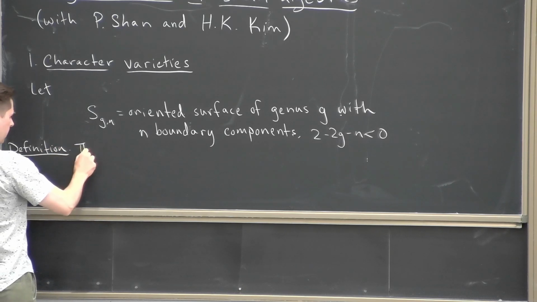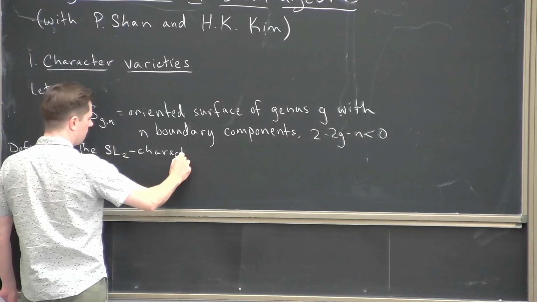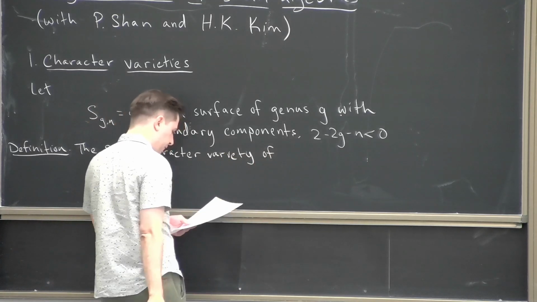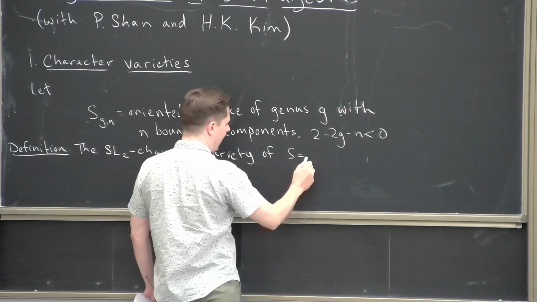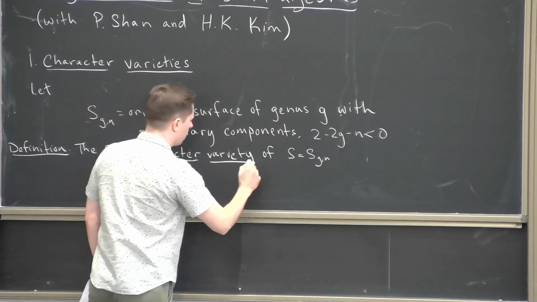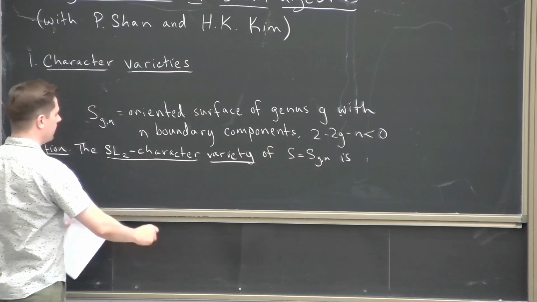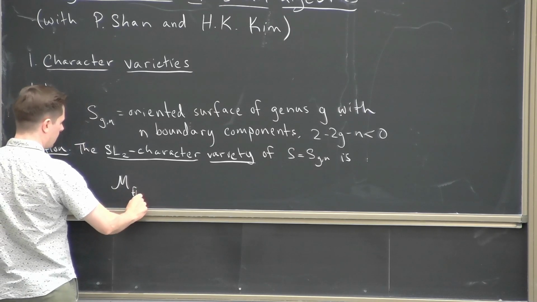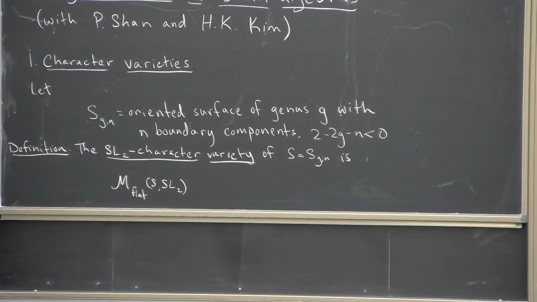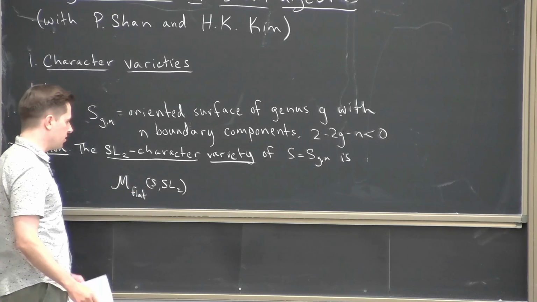So the SL2 character variety of this surface, let me abbreviate S for S_{g,n}. It'll be denoted M flat of SL2, because one can think of this as a moduli space of flat SL2 connections on the surface.